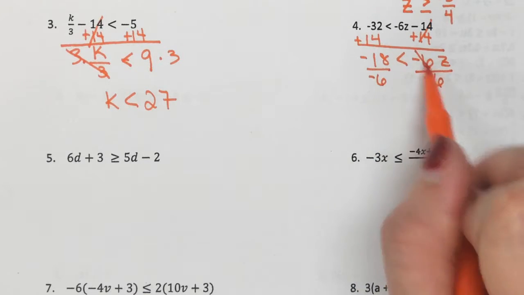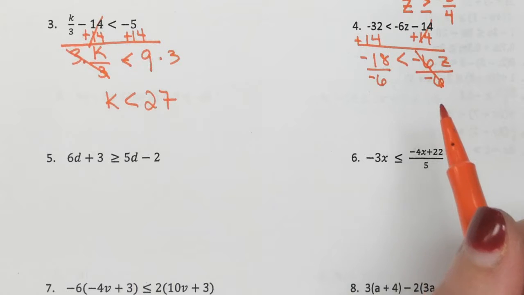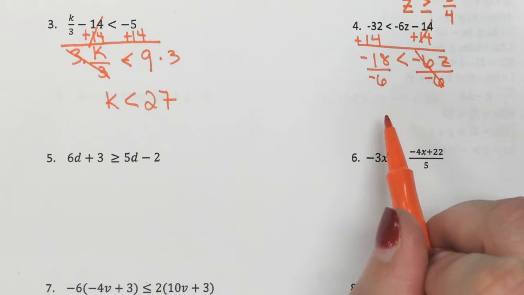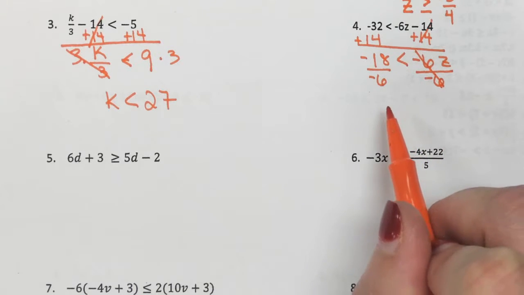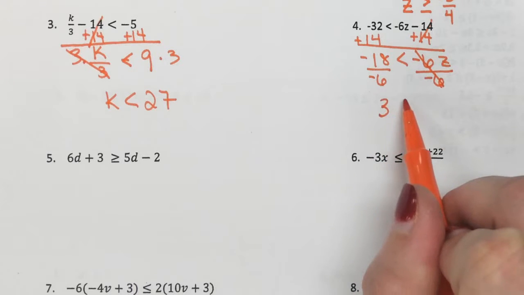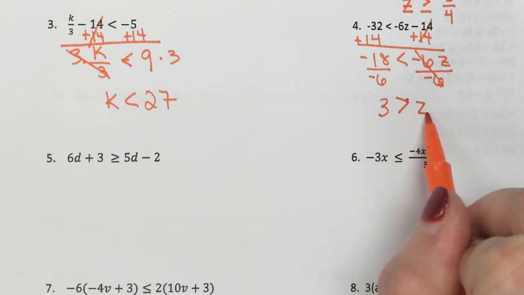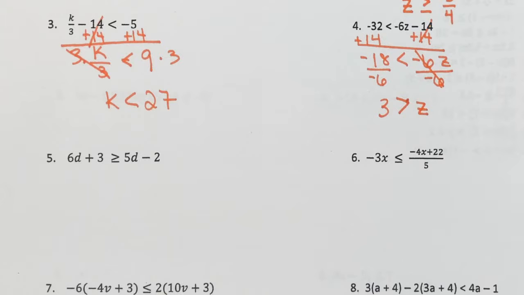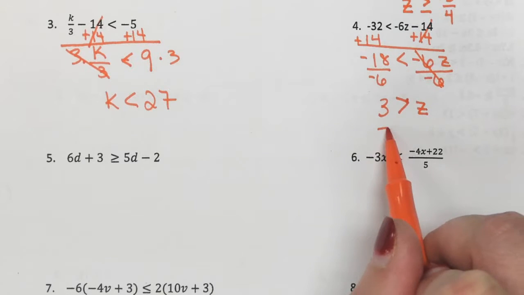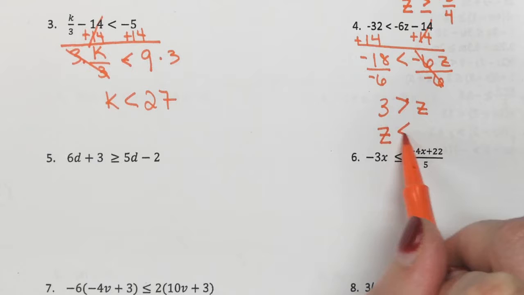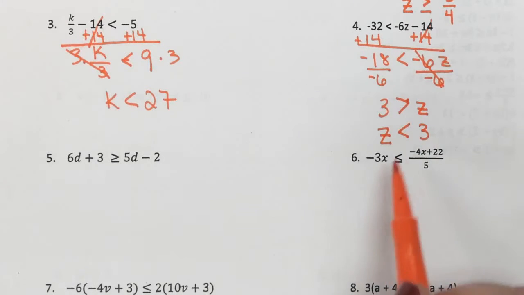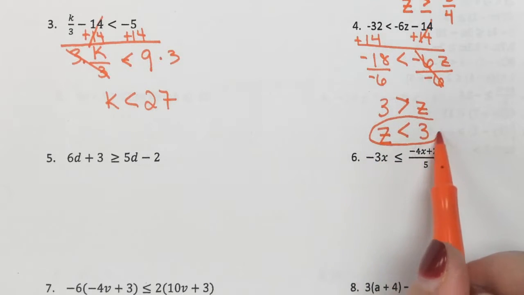You're going to flip. There you go. So this would be 3 greater than Z. But here's the problem. Your letter has to be on the left-hand side in order to graph this correctly. So right underneath that, we're just going to go Z is less than 3. This is the one you're going to go off of to graph, okay?